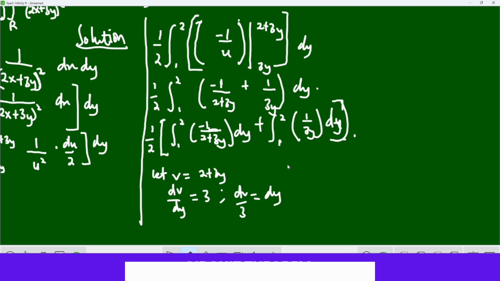At y equals 1, my v is equal to 2 plus 3, that is 5. And at y equals 2, my v is equal to 2 plus 3 times 2, that is 8. So I have a new range.